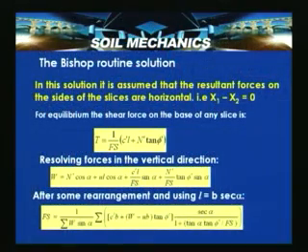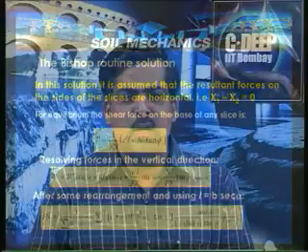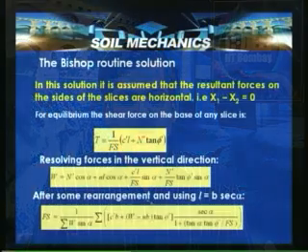However, Bishop's routine solution can be calculated by first estimating the factor of safety using the Swedish method of slices or Fellenius method of slices, and iterating with convergence to get the factor of safety using Bishop's routine solution.